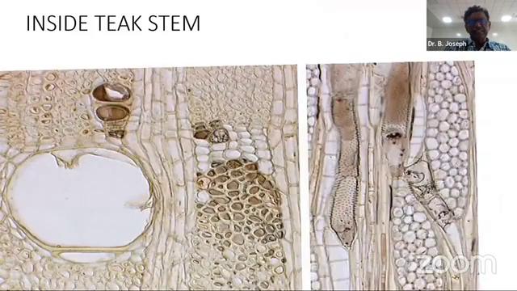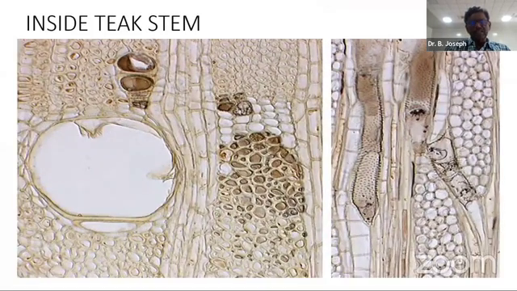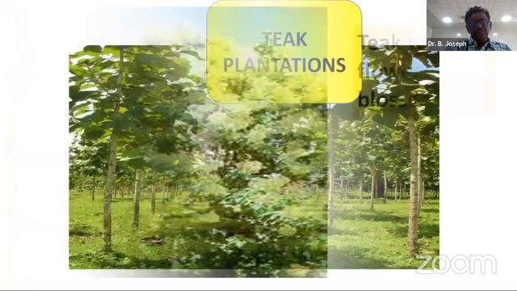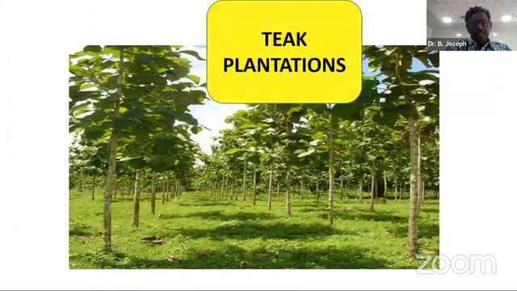Inside the teak tree, the cross section looks like this. You can see how excellent it looks when the teak tree flowers; it is very interesting to see. Flowers and teak in full blooming stage. Those are the plantations, how they look.